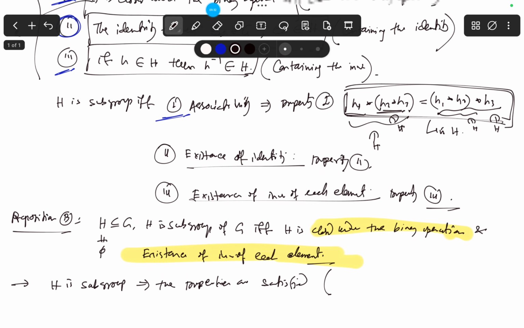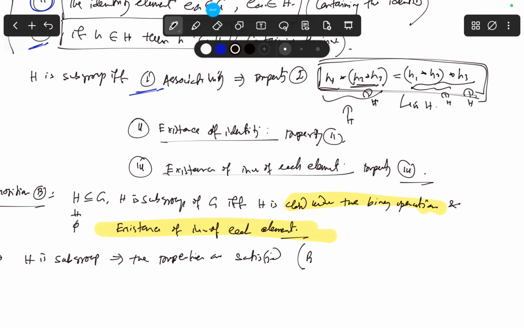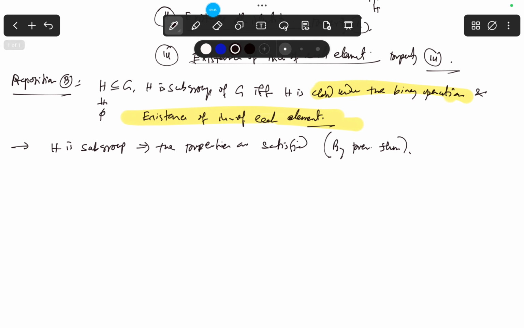Okay, because we have already a previous theorem, so maybe by previous theorem. Okay, and secondly I can do it like this: let H be a subset of G satisfying the properties.